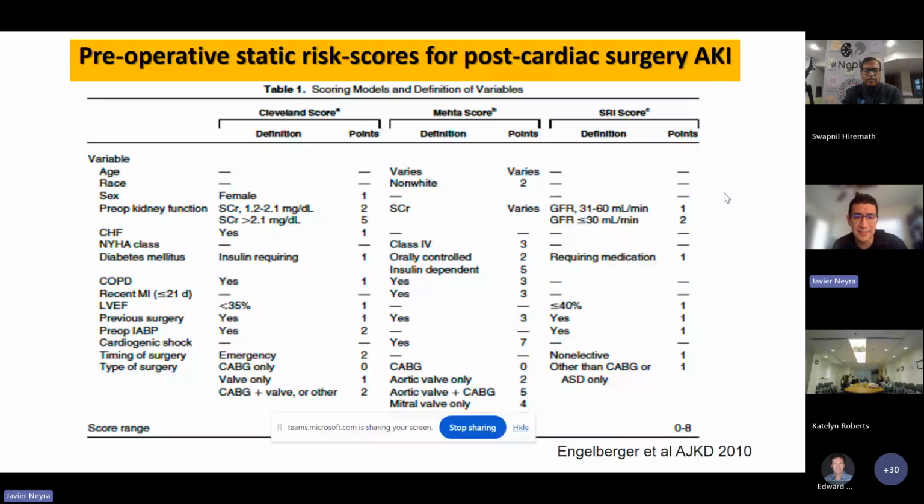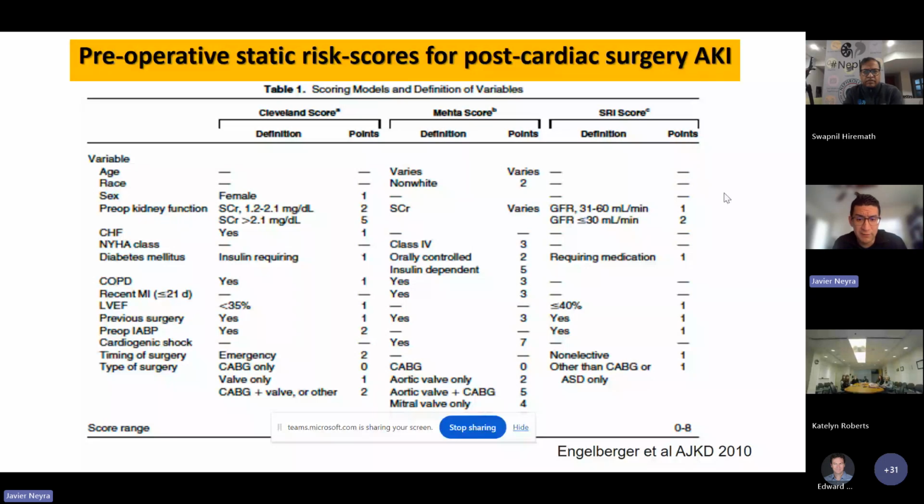This concept, as you can see from the date of this manuscript summarizing some post-operative cardiac surgery AKI risk scores, is more than 10 years old. The famous scores, the Cleveland Clinic score, the META score, the SRI score, typically use variables related to patient characteristics like age, race, sex, the preoperative level of kidney function, the level of heart failure, and some characteristics of the surgery that the patients are going to be exposed to.